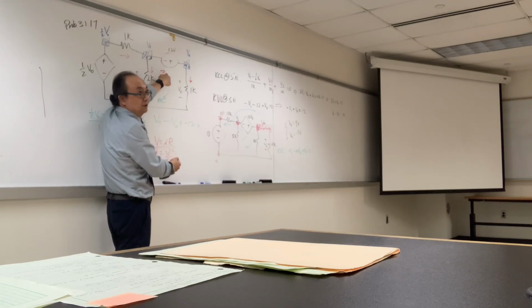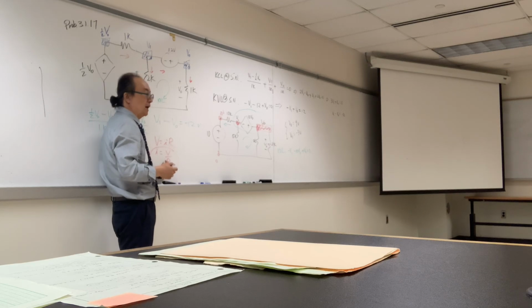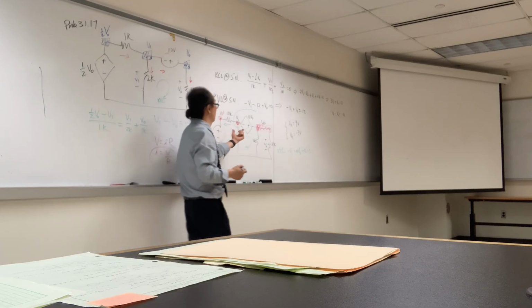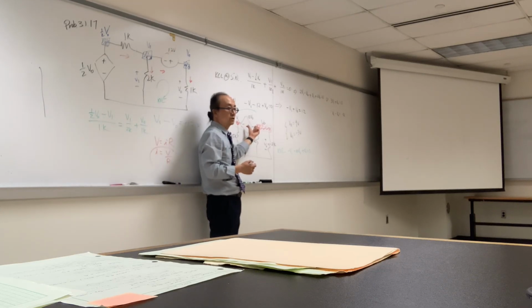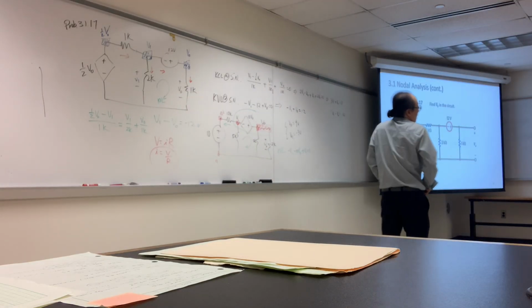There's no R value. So that's the problem. Whenever you cannot find the R, you need to use the supernode, including that voltage source. That's always the case where the voltage source is in between two non-reference nodes. So that's the nodal analysis.